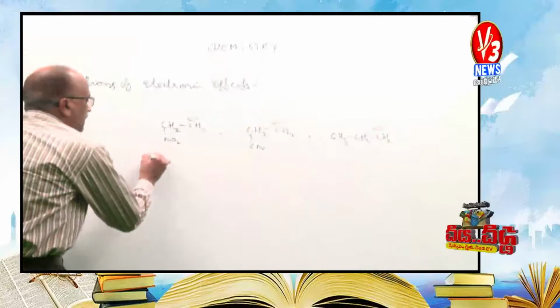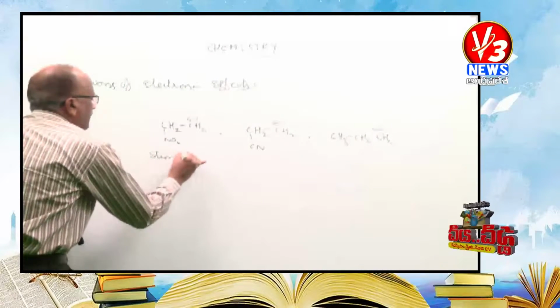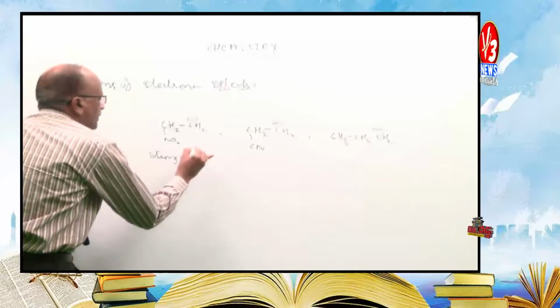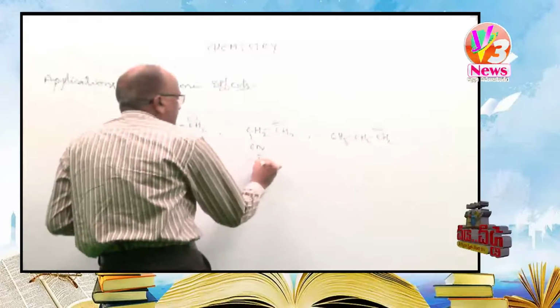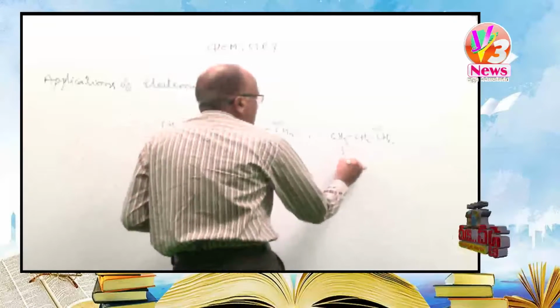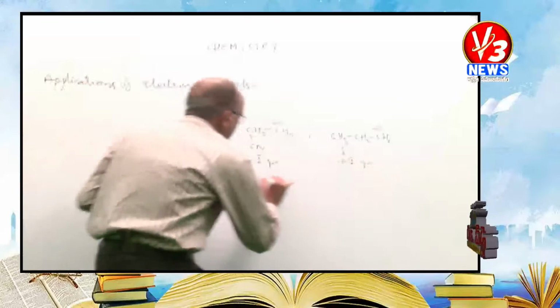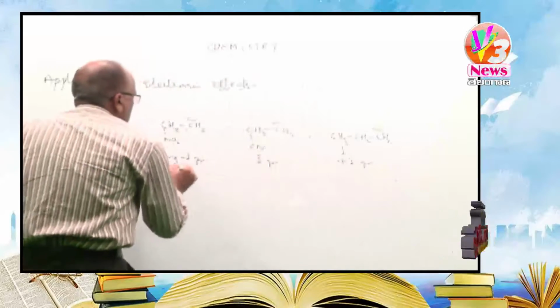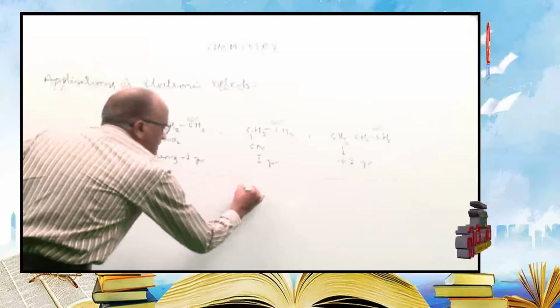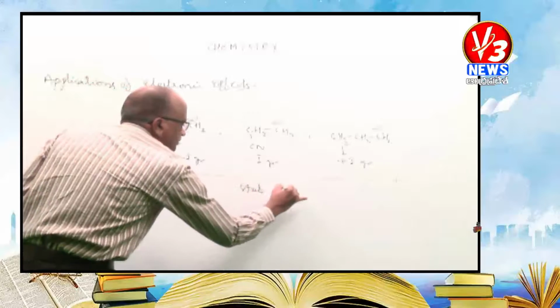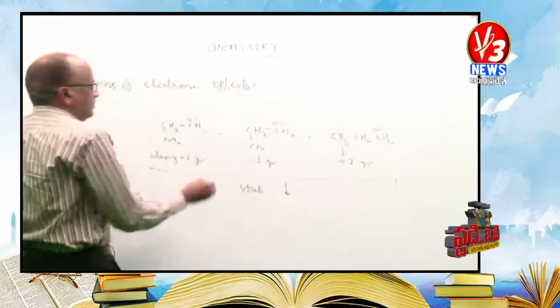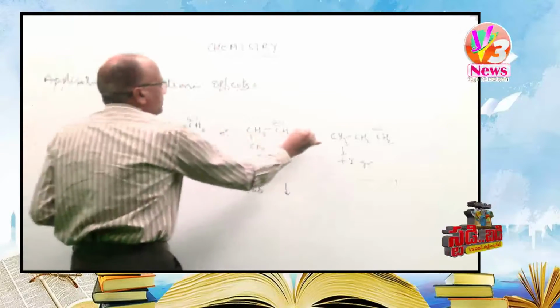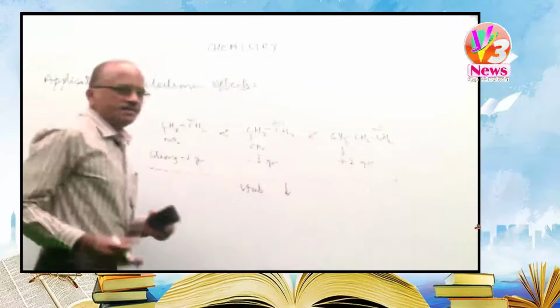It is a strong minus I group. Then this is also a minus I group, whereas this CH3 is a plus I group. Then what is the stability? With the increase of plus I effect, stability decreases. So here the stability of these decreases. This is more stable than this one, than this one.